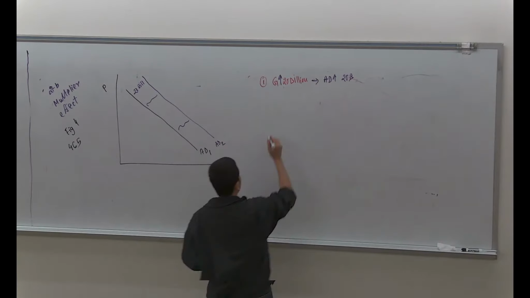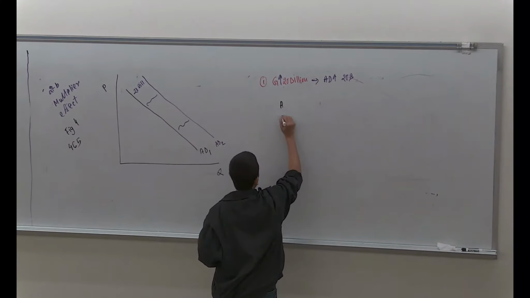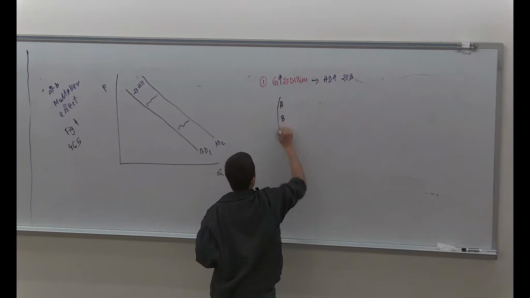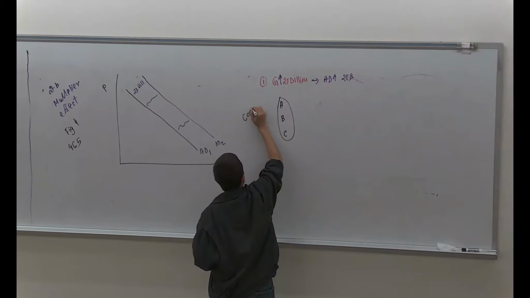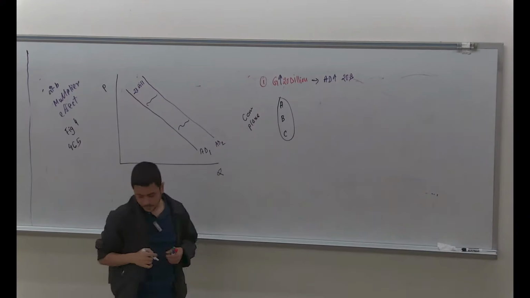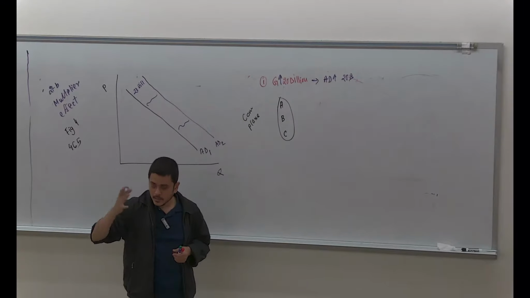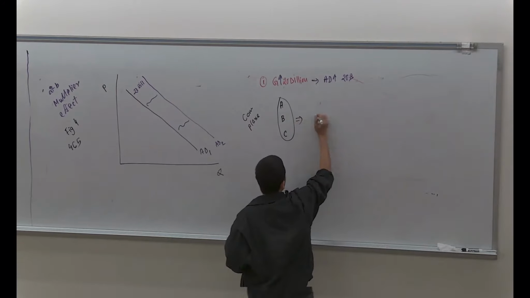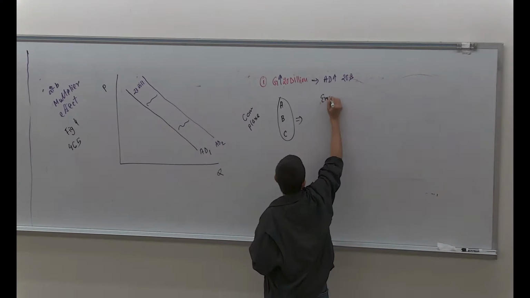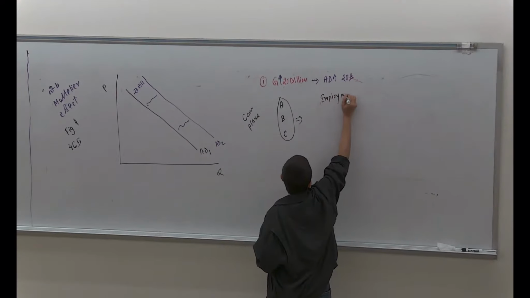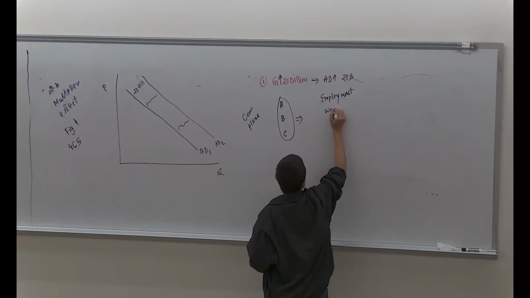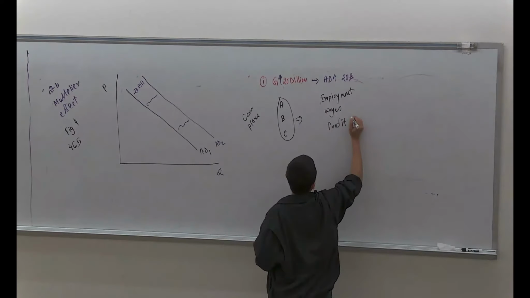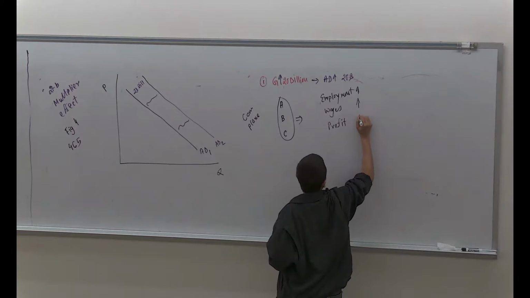Let's say government is buying from companies A, B, C. When government spends the money at these companies, what will happen in these companies? Employment will increase, wages will increase, the profit will increase because government is buying those things.